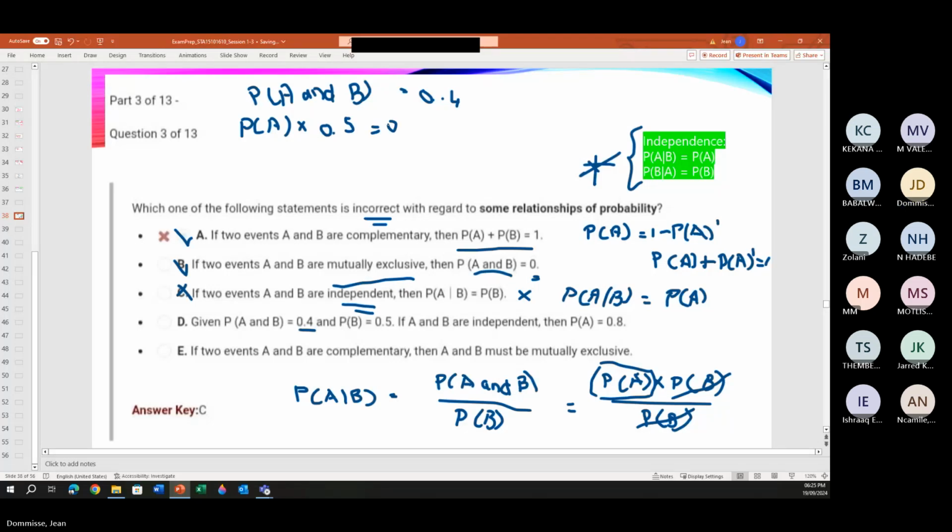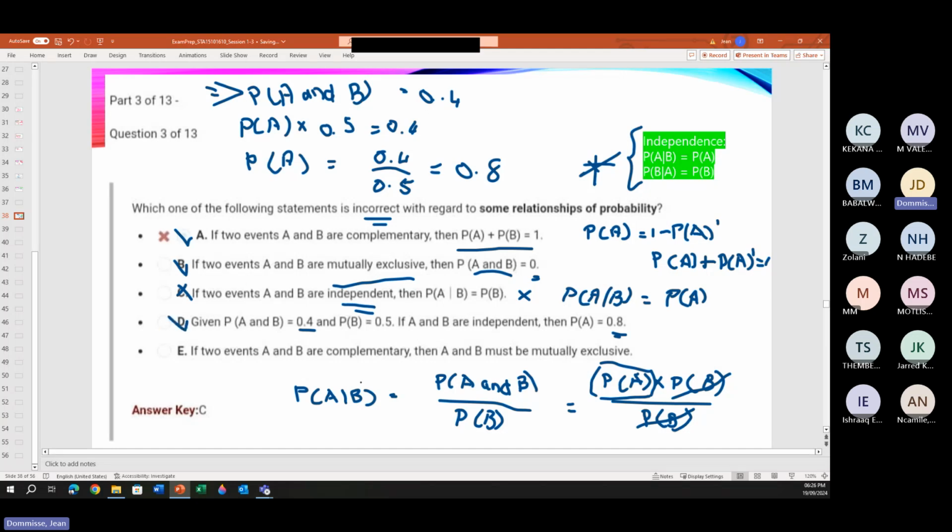Then the probability of A will be equal to that divided by 0.5. We wrote that formula out and replaced it with what we had, and 0.4 divided by 0.5 gives 0.8, and that is what they have also given us.